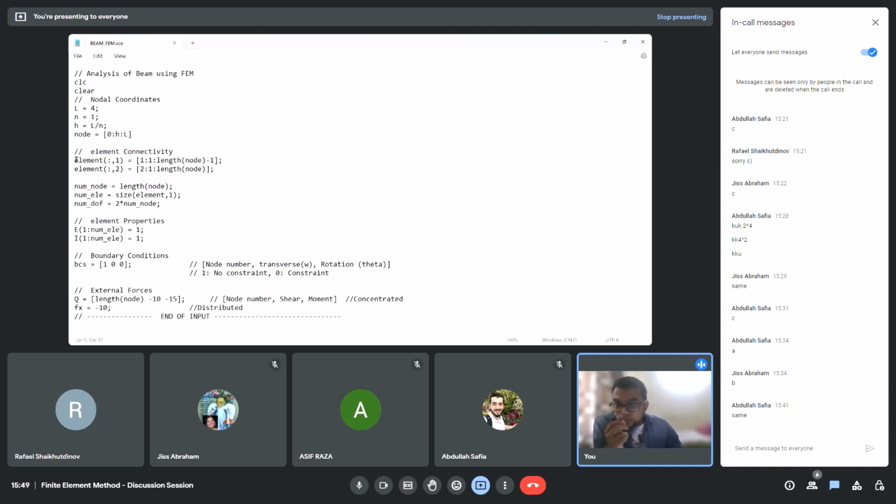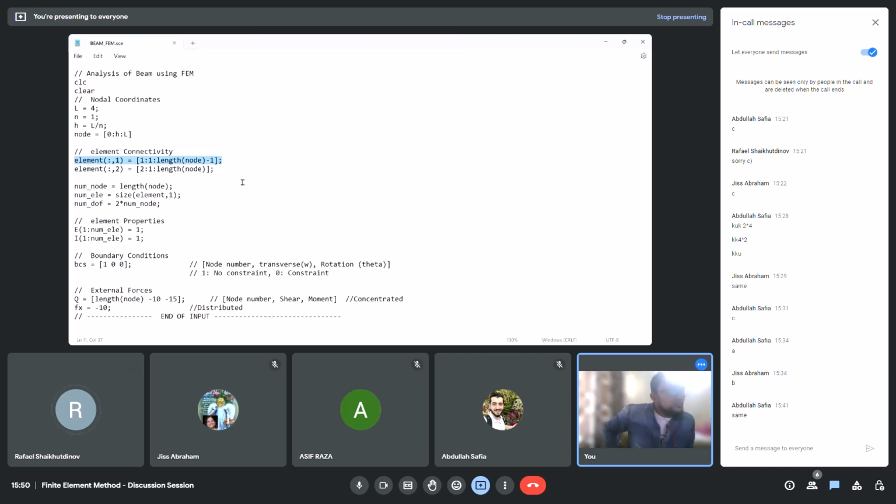So for this element connectivity, the first thing is how are we getting this? A length of the node, and this one gives me x values, I suppose.